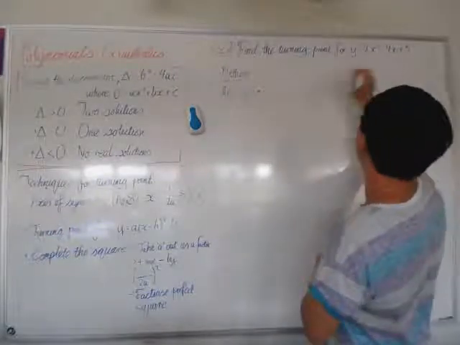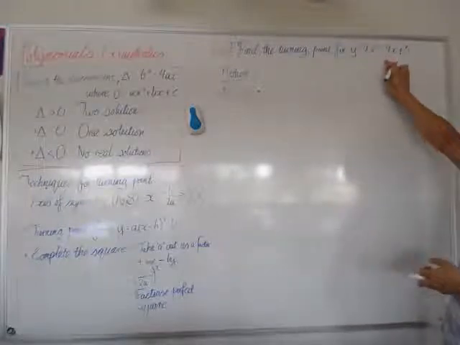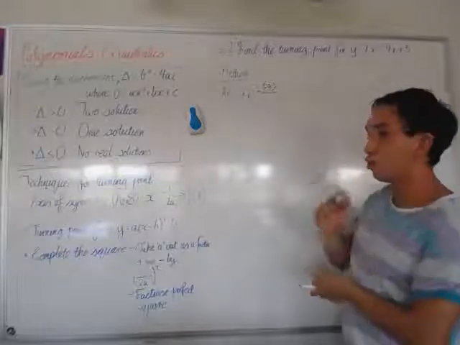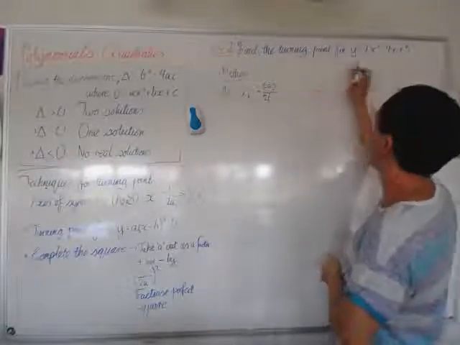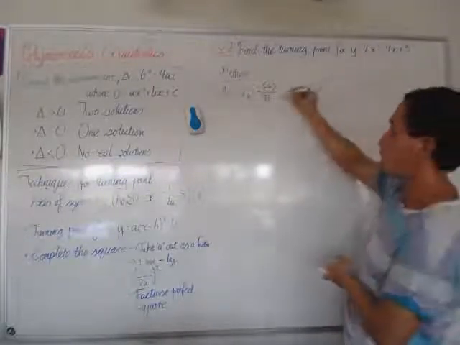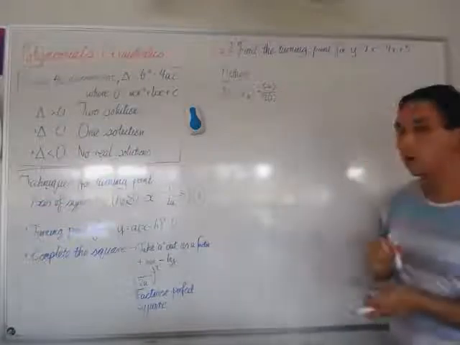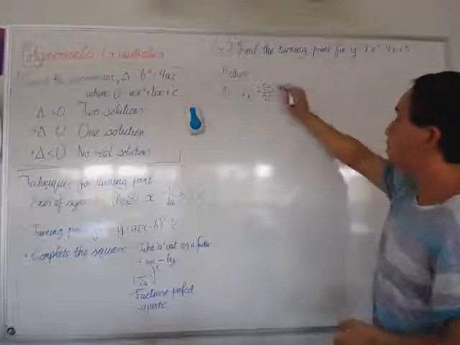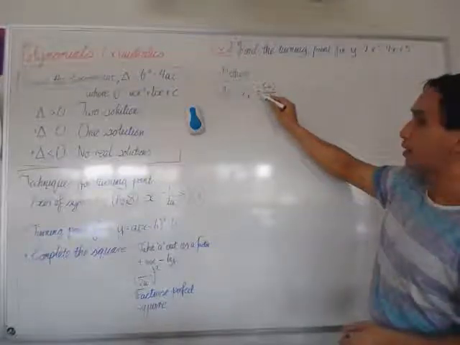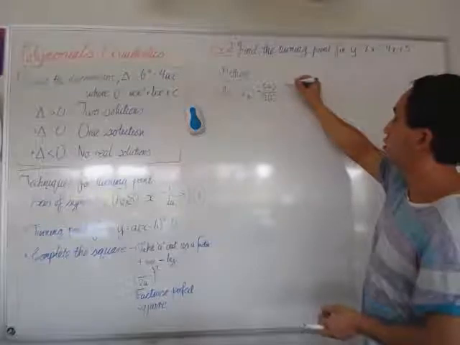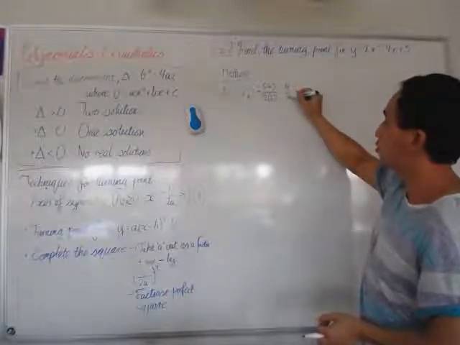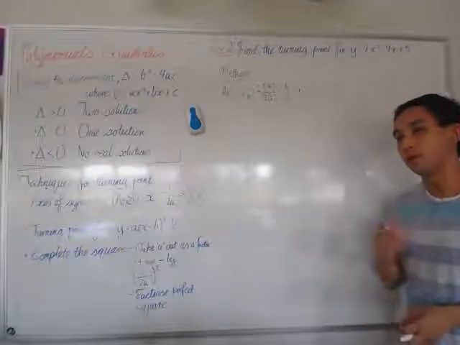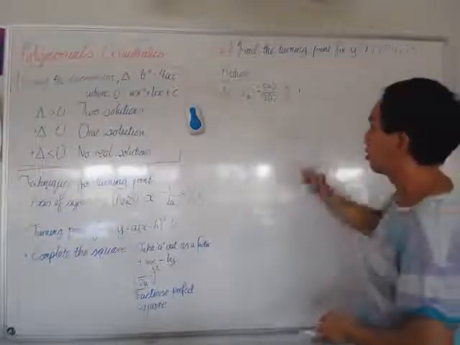Negative b, the coefficient of x is negative 4, over 2a, so 2 times our coefficient of x squared, which is 2. We end up with positive 4 when the two negatives come together, over 4 on the bottom. And so we end up with an x coordinate of 1 for the turning point.